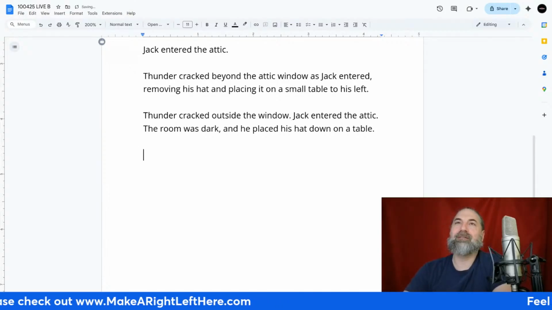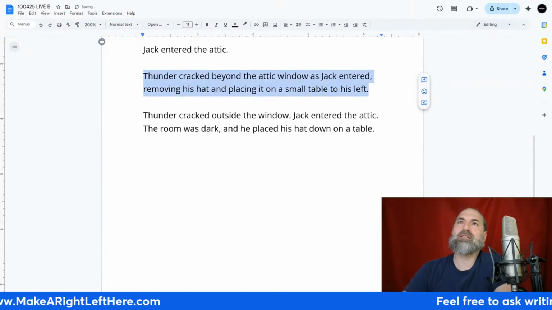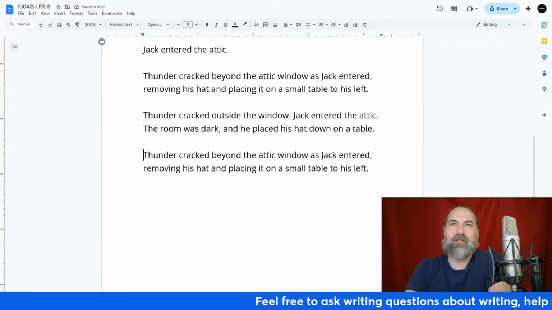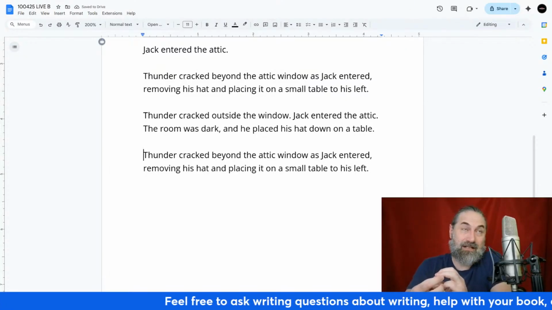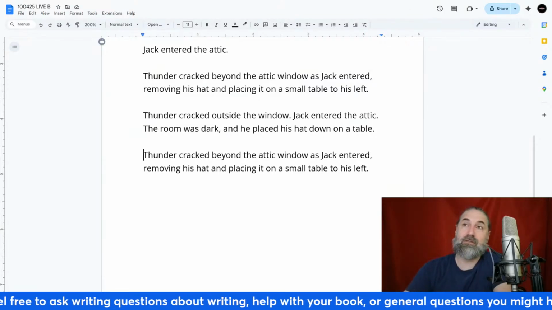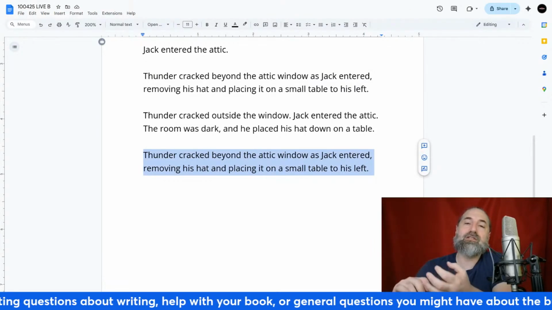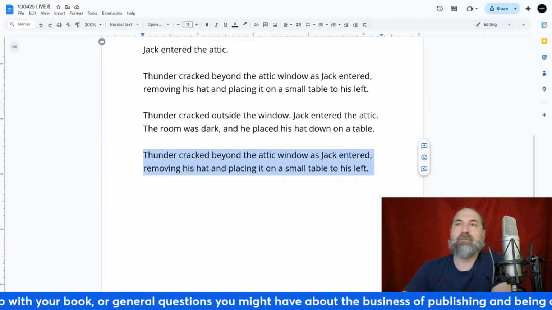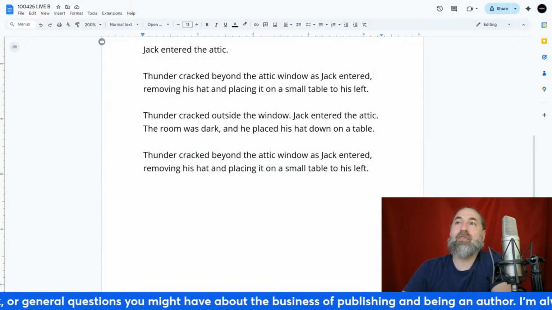All right. But if we took this and slowed down the reading, not the pace. This is a slow pace piece right here, but we're going to rewrite it so it is a slow read. All right. The thunder cracked beyond the window.